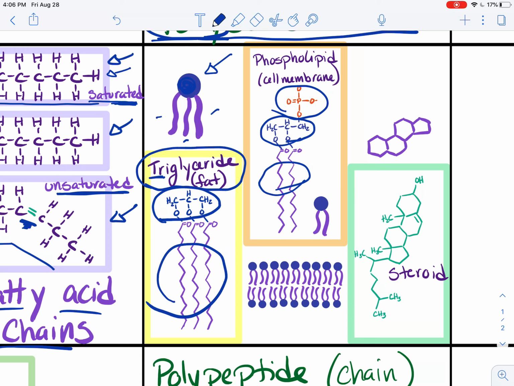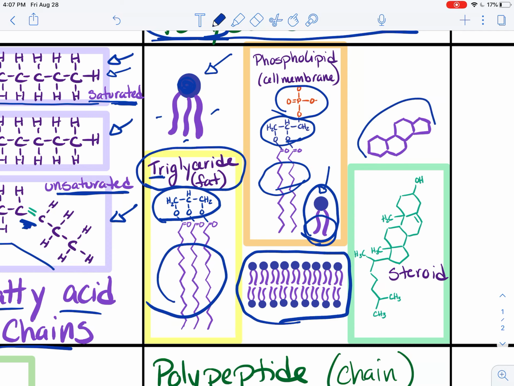If I wanted to draw a phospholipid less complicated, it would look more like this guy down here, where the glycerol is that circle on top, and the 2 fatty acid chains are those 2 legs coming out the bottom. Because of their special properties, when these molecules come near each other, they like to form this sort of bilayer. Again, we'll talk more about that when we get to the cell membrane.